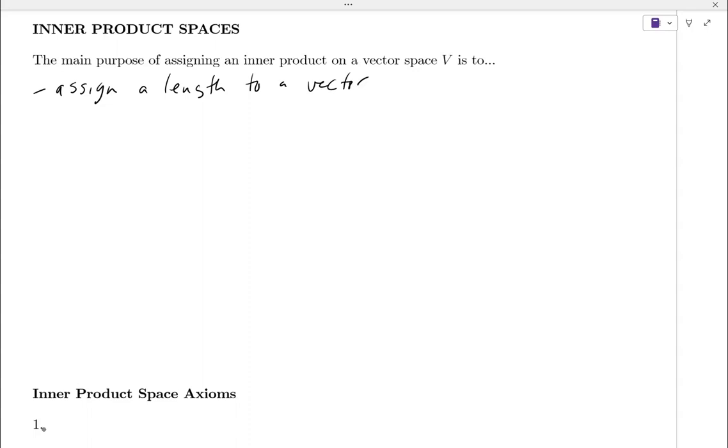So that's one idea that we have: assign an idea of a length of a vector. So you do this in our Euclidean vector spaces, our Rn vector spaces, in a usual way. And I'm going to add to this list in a second. But let's just take a side trip here to talk about what we mean by assign a length.